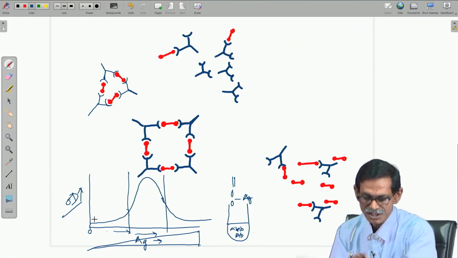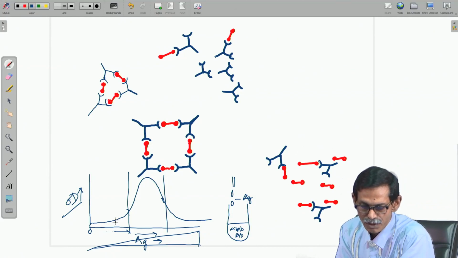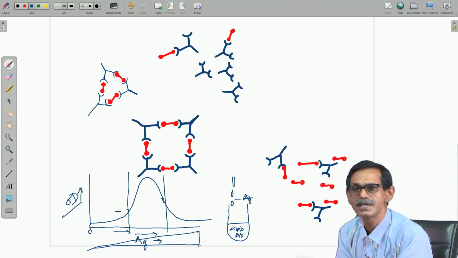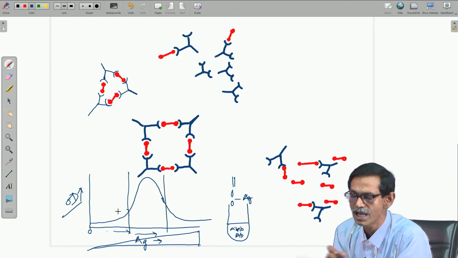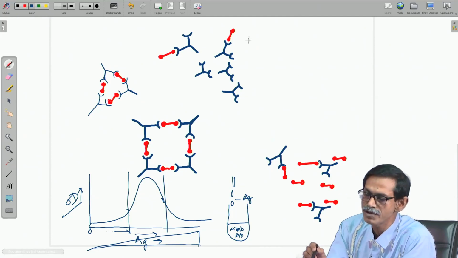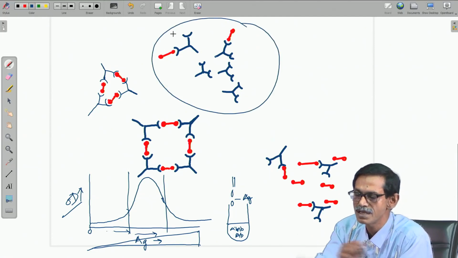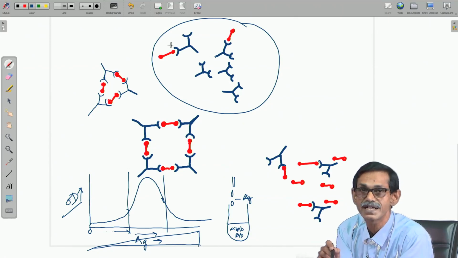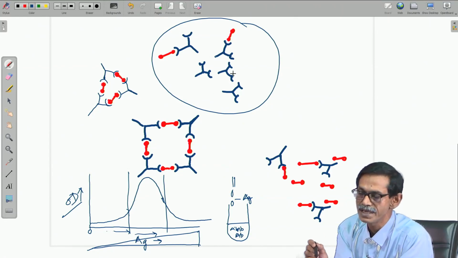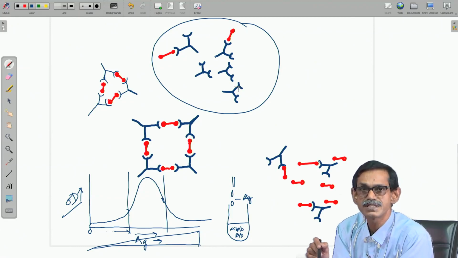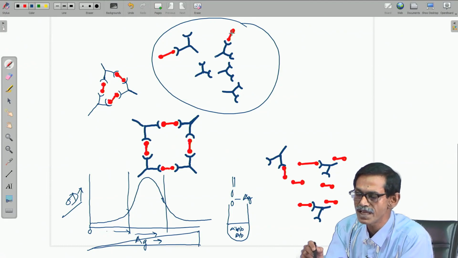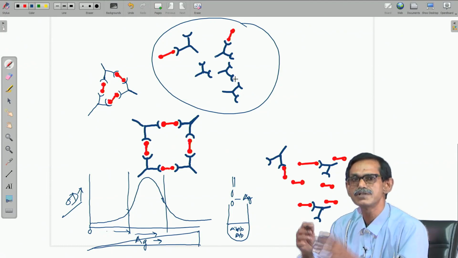So, at the early stage when there is a huge amount of antibody, what will happen? The condition is like this: too many antibody molecules, and only a few antigen molecules. Here red is antigen and blue is antibody. So, they will bind individually.